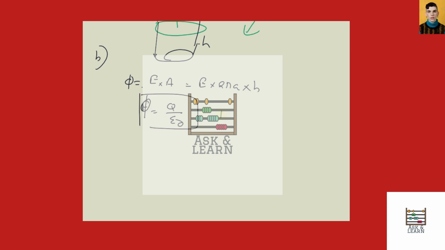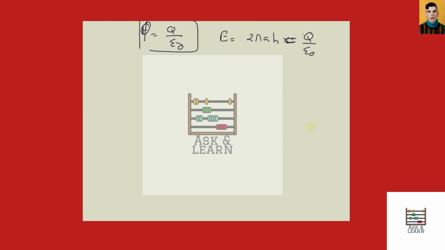So electric field times 2 pi A times h is equal to Q by epsilon 0. We can simplify this, so the electric field is equal to Q by 2 pi A h epsilon 0.